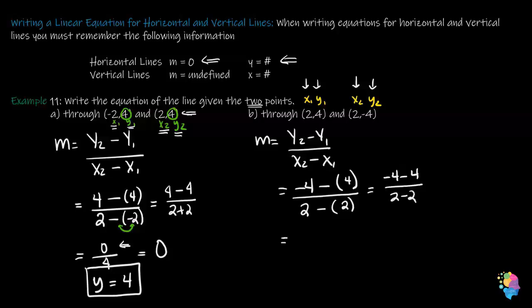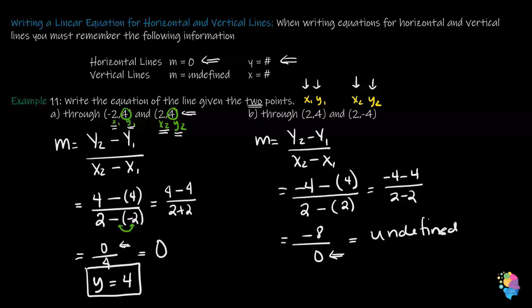The numerator, I have -4 minus 4. Because I have the same sign, I add and keep the sign. That's -8. In the denominator, however, 2 minus 2 is 0. Because the 0 is in the denominator this time, then I know that the slope is undefined.